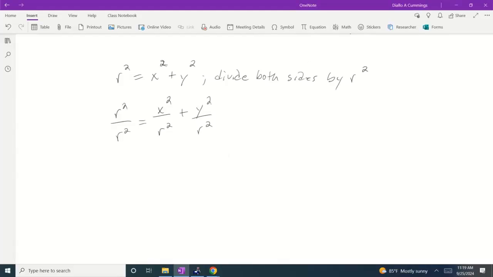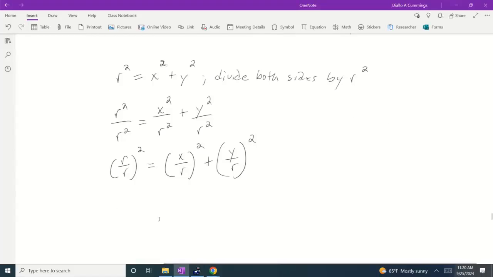I can rewrite r squared over r squared as r over r squared. I can write x squared over r squared as x over r quantity squared. And I can write y squared over r squared as y divided by r quantity squared.